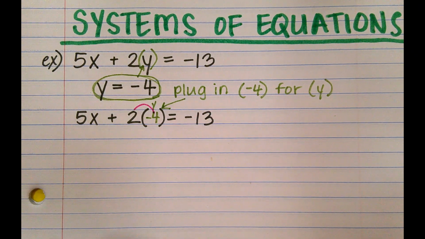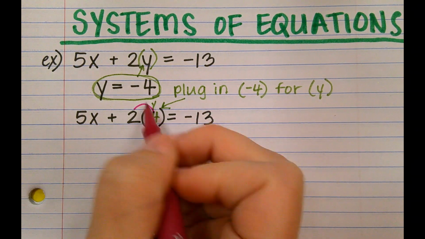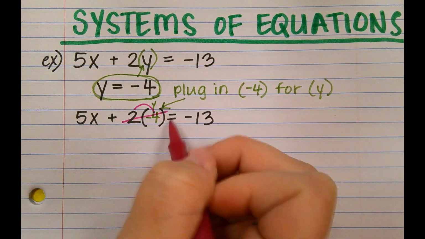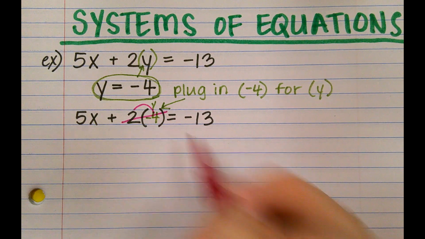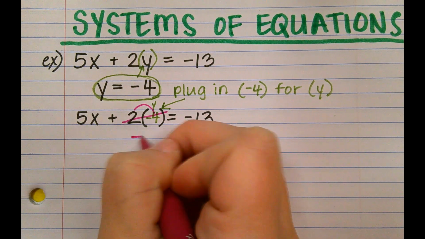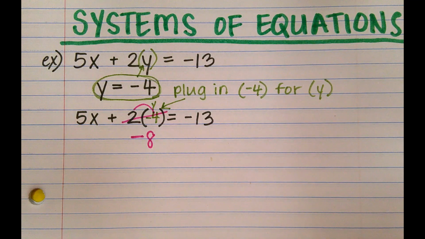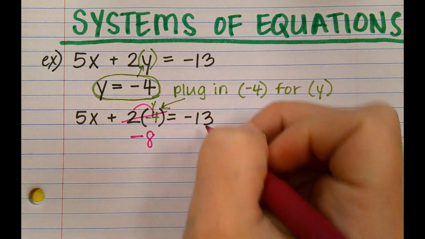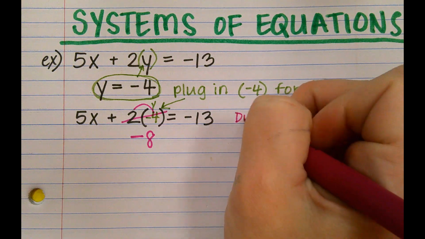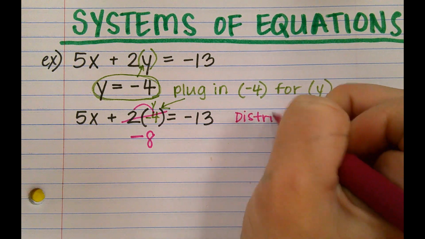What is that? -8. So I'm going to cross off my 2 and my -4 because I don't want to bring that down on accident. I'm going to write -8 instead. And I'm going to write here, distribute, just as a side note.